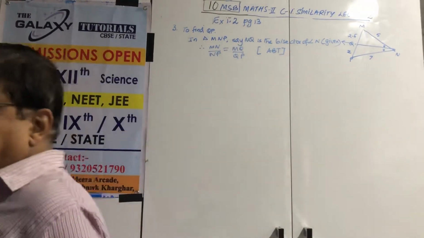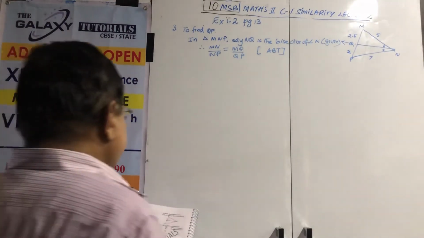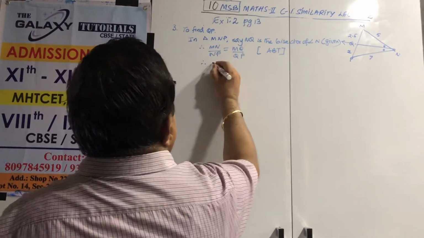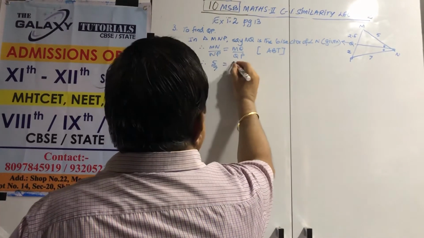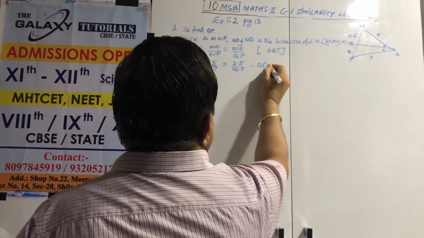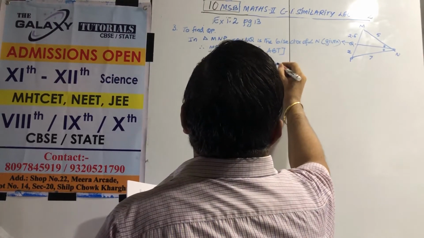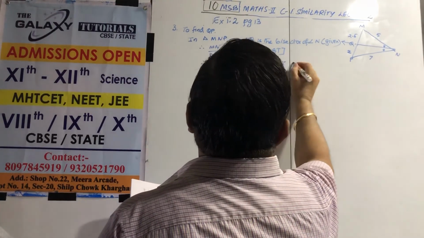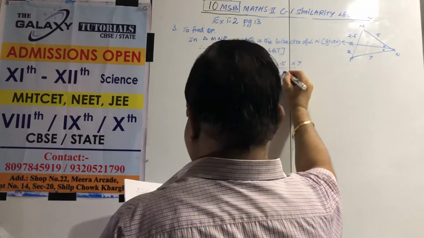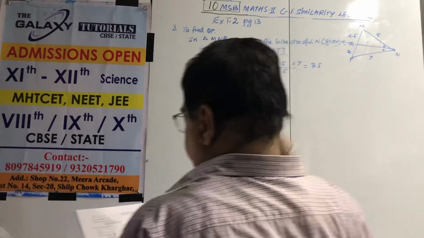Theorem on angle bisector. You don't have to write the complete theorem. We mention the theorem. Therefore, 5 upon 7 is 2.5 upon QP. Therefore, QP is equal to 2.5 multiplied by 7 and divided by 5, and I will get 3.5.